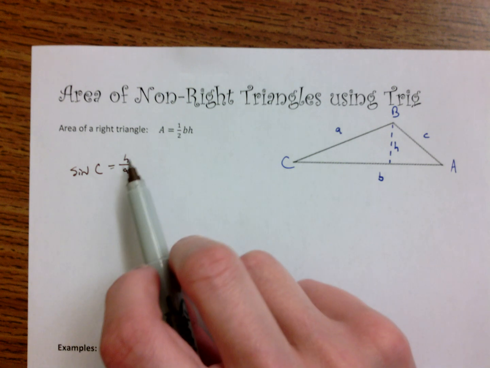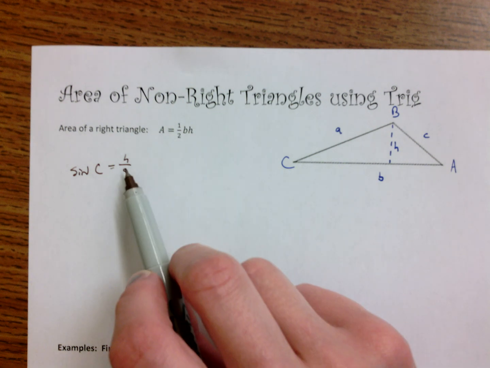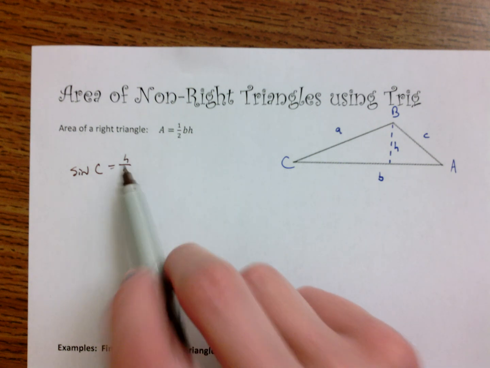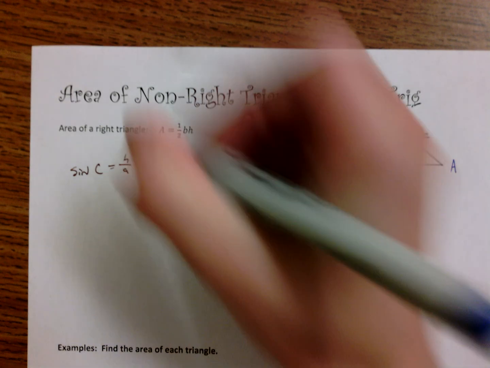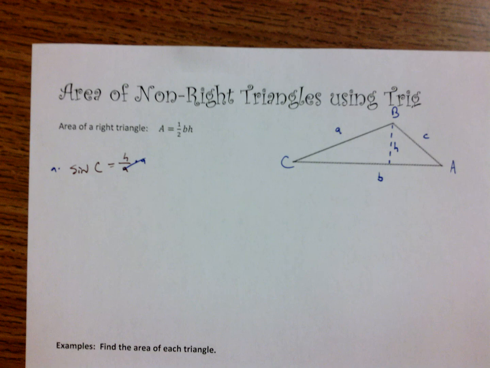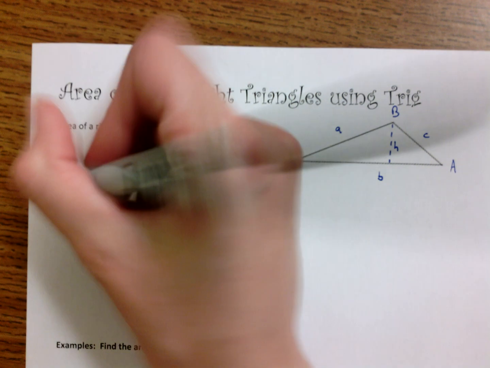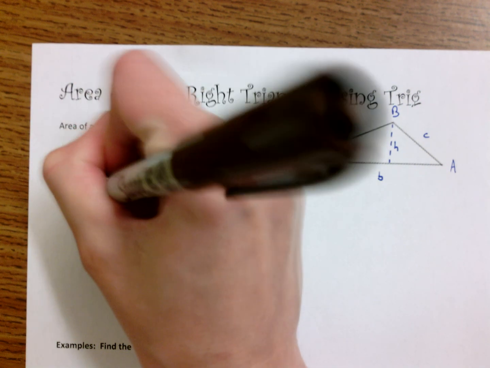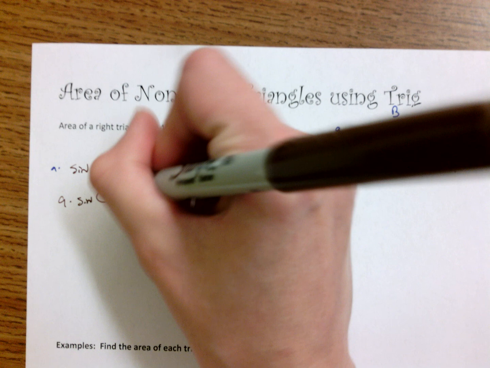All right, and since I'm trying to replace the h in this equation with a different h, I'm going to solve this equation for h, which just involves multiplying both sides by a to get these to cancel out. So then I'm going to have that a times the sine of angle C equals h.